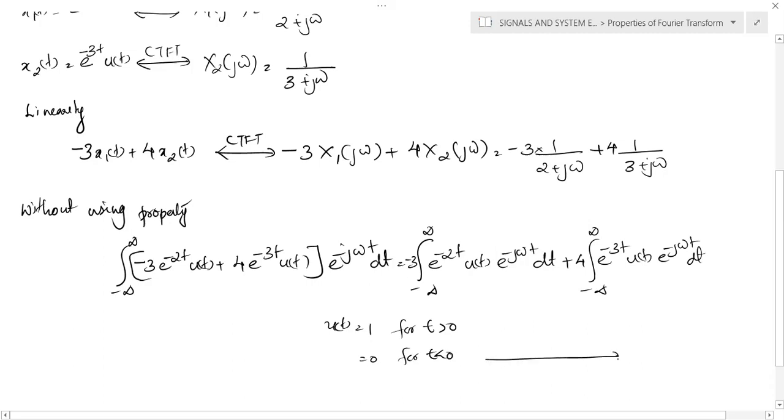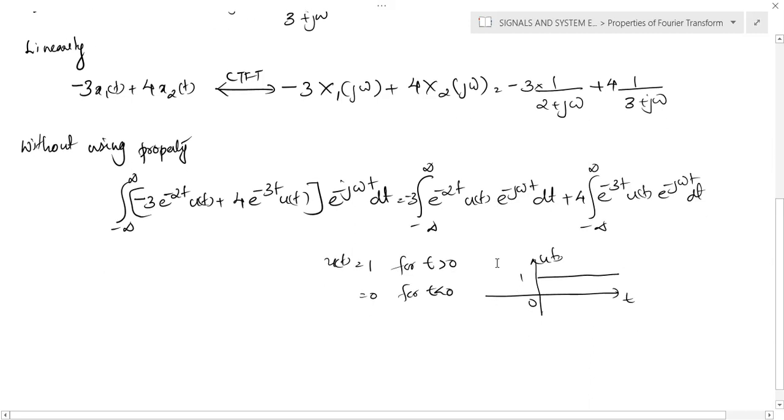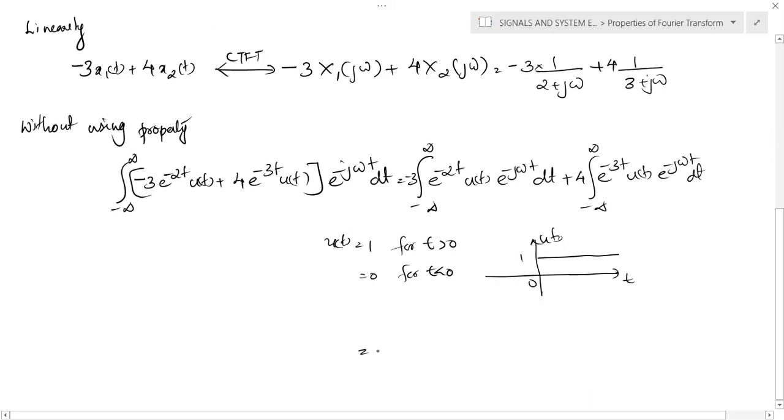So if you draw the graph, it will be like this. For t greater than 0, the signal magnitude is 1. So we can simplify the integral equation. It becomes minus 3 into the integral from 0 to infinity. We don't want to integrate from minus infinity to 0 because u of t is 0 in that range, and the remaining is e raised to minus 2t, u of t is 1, and e raised to minus j omega t.